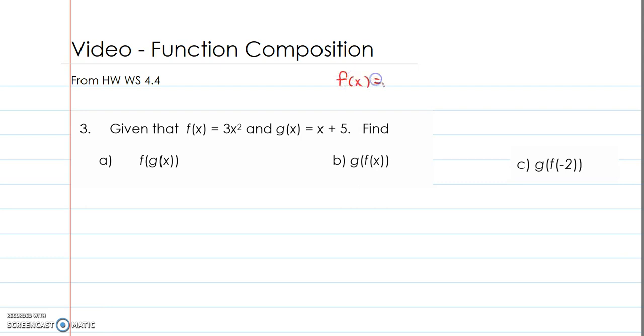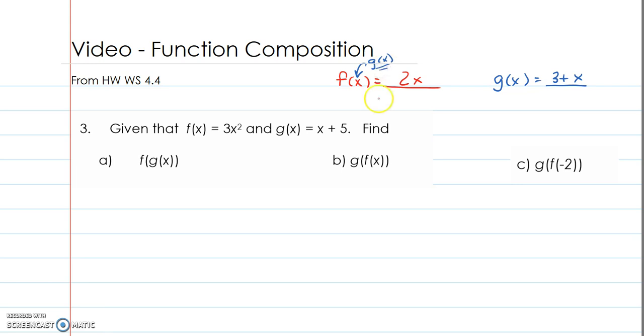So function composition is when we take a certain function, f of x, and we take another function, g of x, maybe it's 3 plus x, and we use as the input for one of the functions another function itself. Our input to one isn't just a number, it's an actual function.